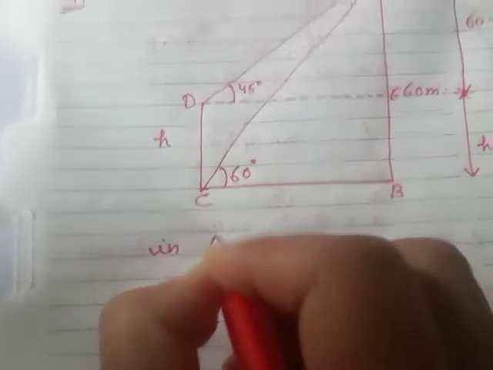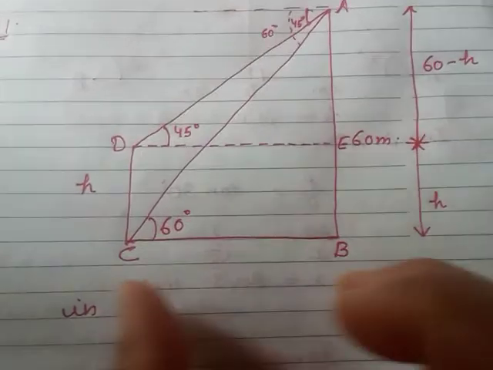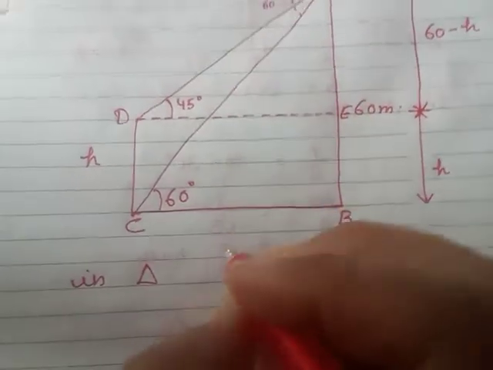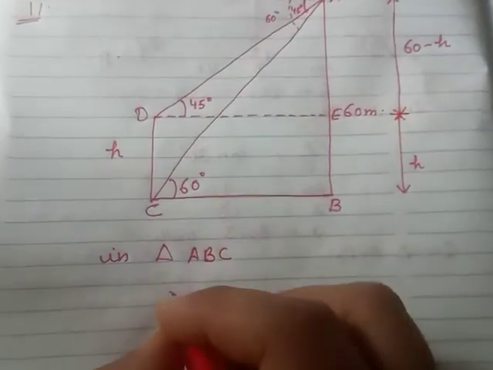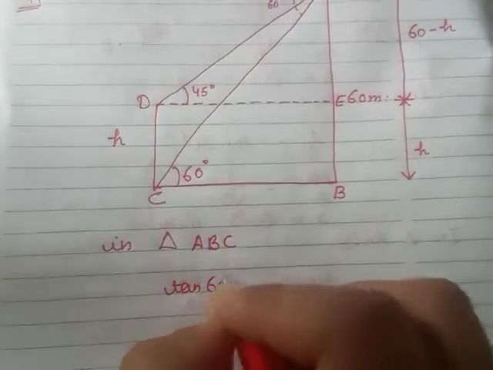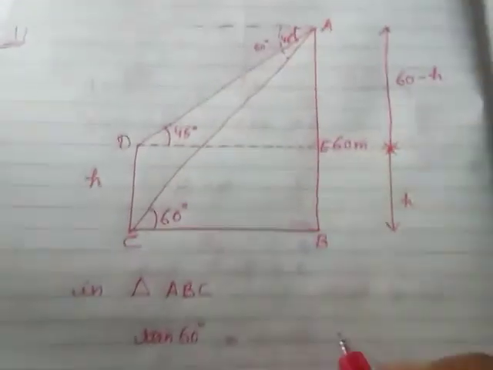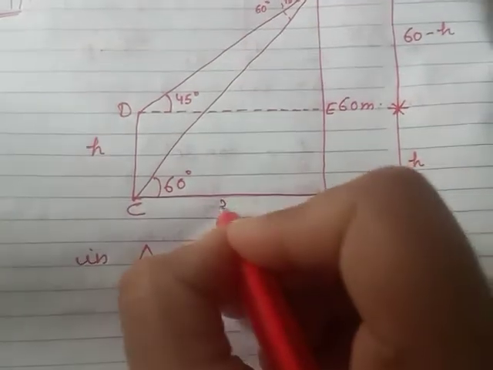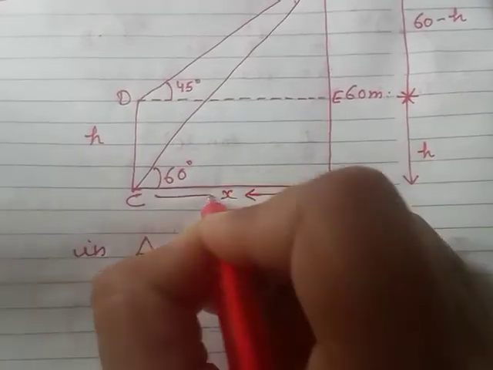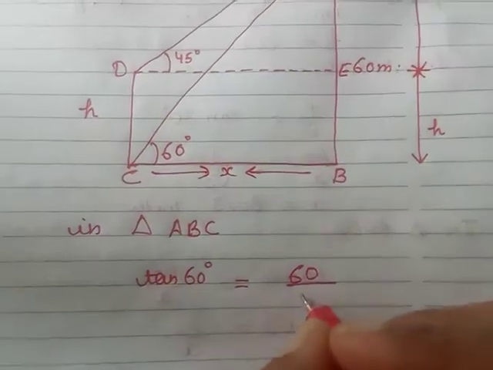We are taking the first triangle, A, B and C. In this, tan 60 is equal to perpendicular, that is the height 60, upon BC. Let it be x meters. So the base will be x.